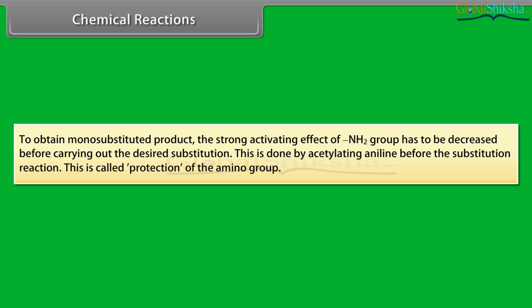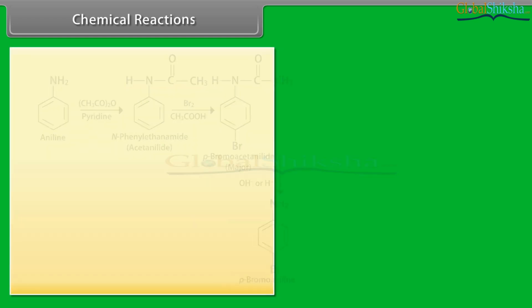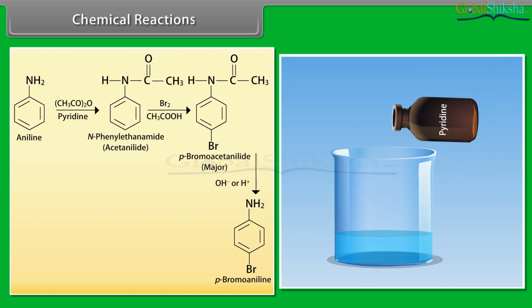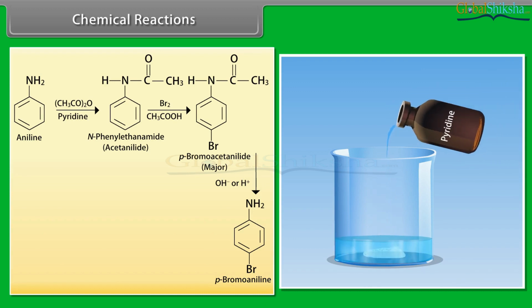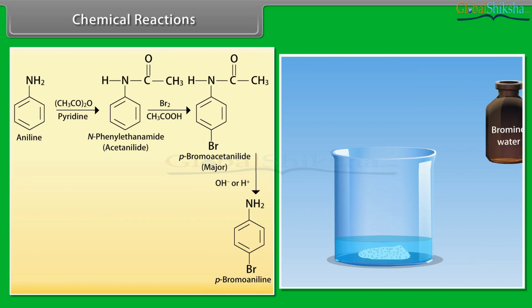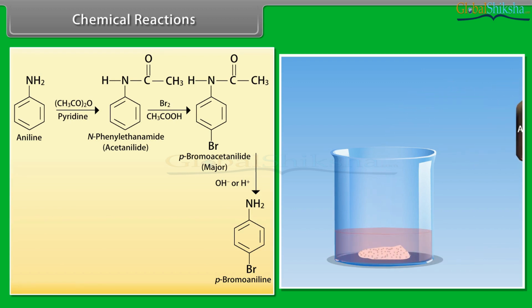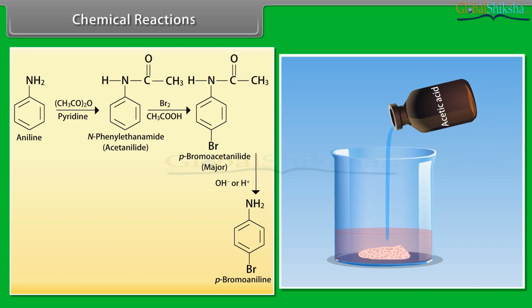This is done by acetylating aniline before the substitution reaction. This is called protection of the amino group. Aniline reacts with acetic anhydride and pyridine and forms acetanilide. Now add bromine water and acetic acid and it produces para-bromoacetanilide, followed by hydrolysis to yield para-bromoaniline.